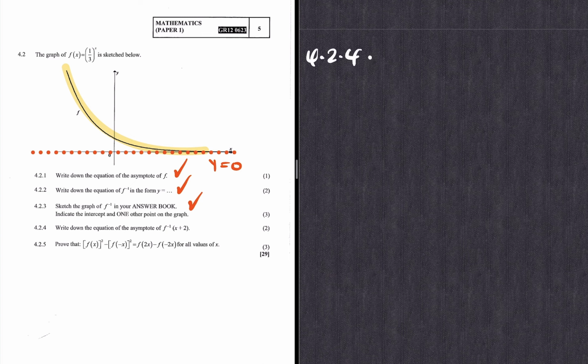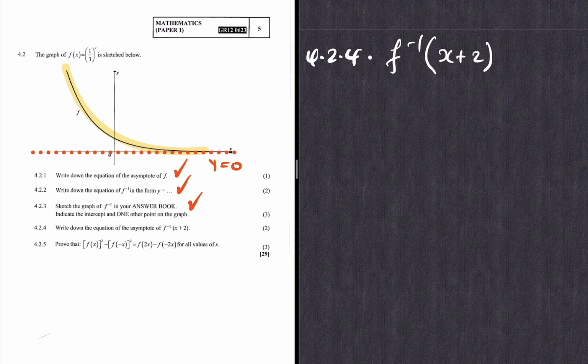Write down the equation of the asymptote of that one. So they want us to write down the equation of the asymptote of this one here. Think about it. When they say f of something, maybe f of 2, this means in f, wherever there is x, I'm going to substitute with 2.